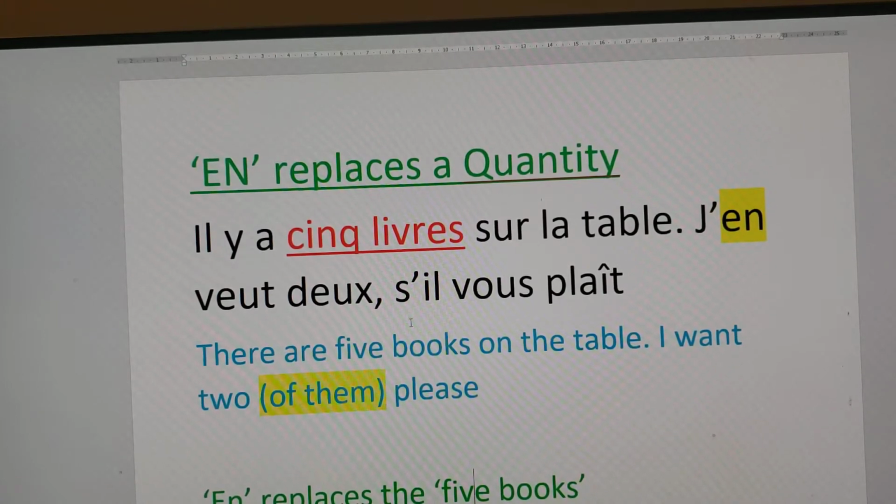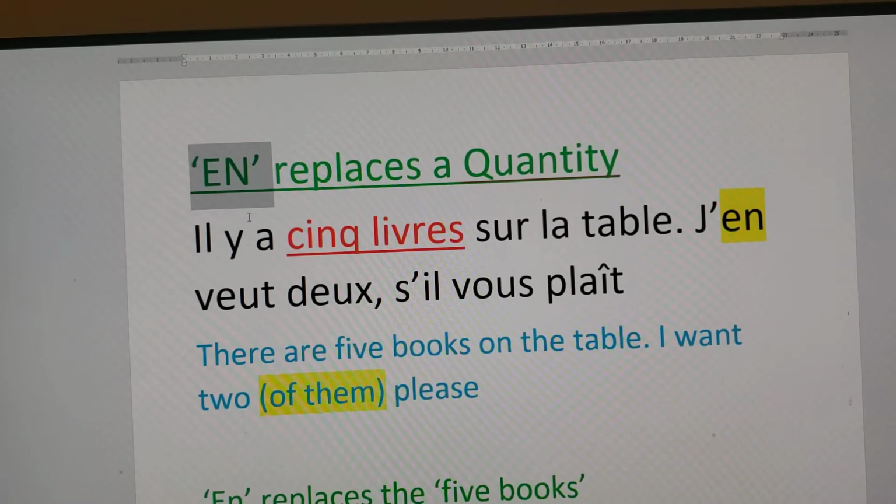Okay, so the word en in French, it has a lot of uses, okay? And in this video, I'm just going to be talking about how we use the word en to replace a quantity, to replace a thing, and uses of en as a preposition, as well as I'm going to be giving a little example based on a text that was sent to me by one of my contacts.